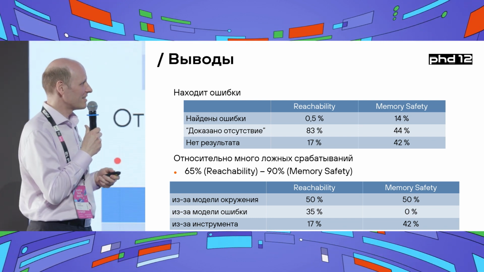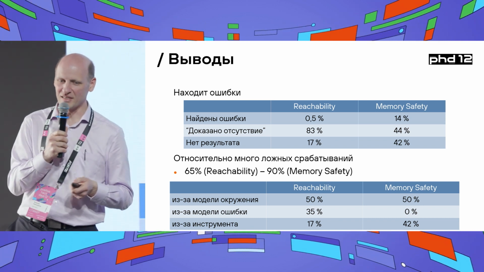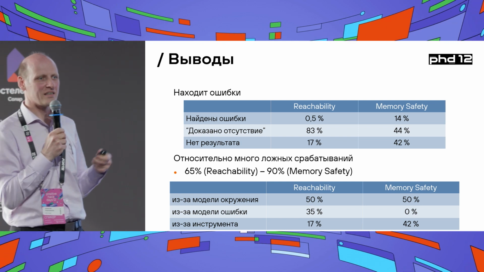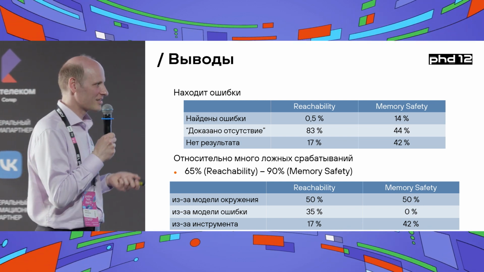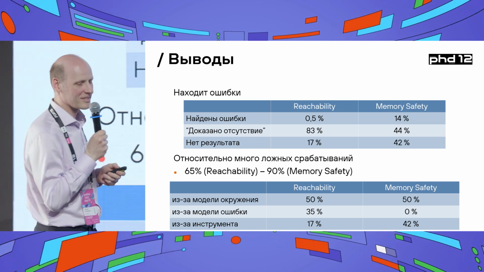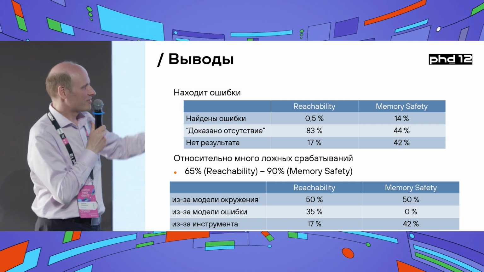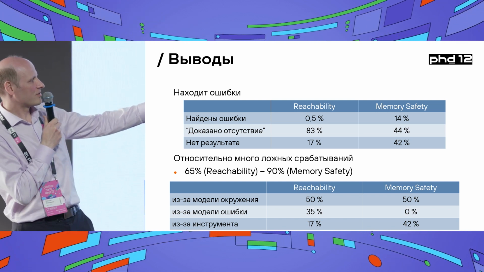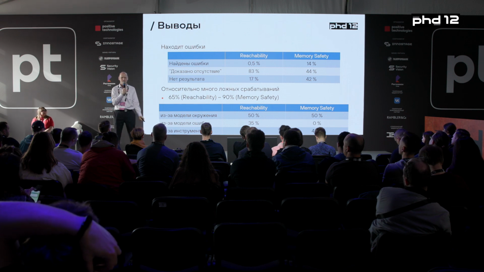It means that in 83% of cases we proved that this rule is not violated in this particular driver. It doesn't mean that 83% of the drivers operate without errors. And actually in 17% there is no result, 42% no result.